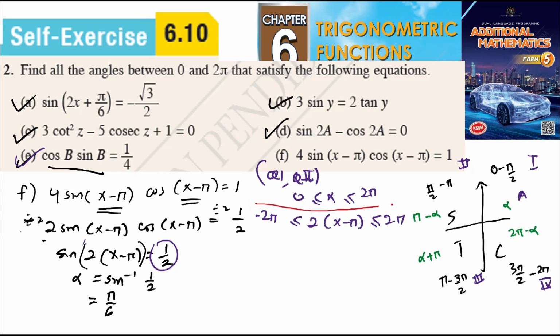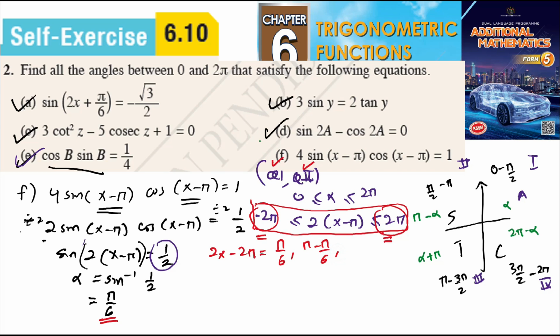So here we need to find the angle from negative 2 pi to 2 pi. So here we can see that it is 2 rounds, right? So 2x minus pi is actually 2x minus 2 pi, and this is our reference angle. So this one is pi over 6. The first quadrant and second quadrant give pi over 6 and pi minus pi over 6.